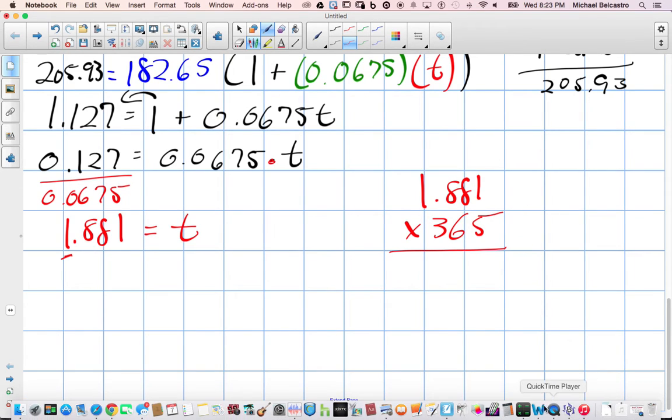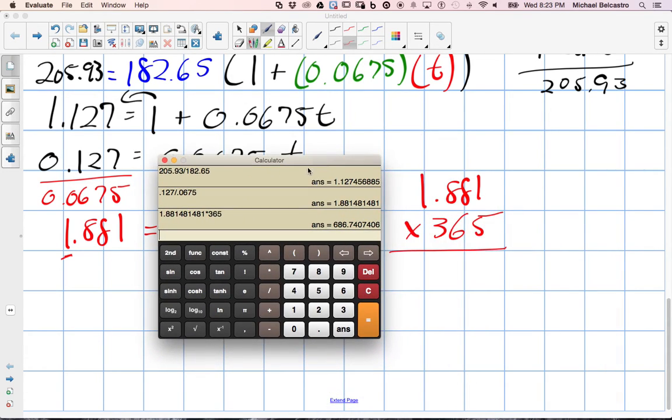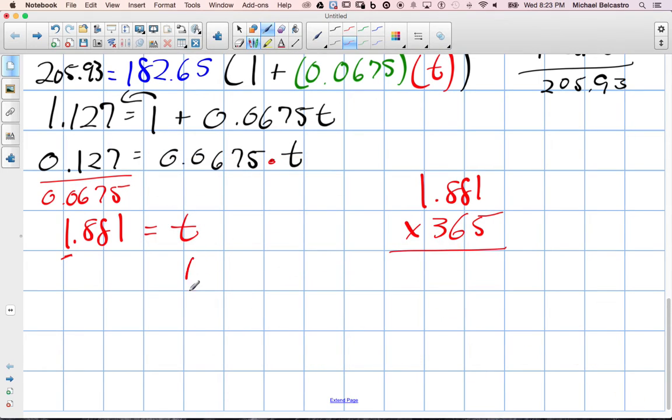So we take that amount, which is very exact right now, and multiply by 365, and this is how many days it'll be. 687 days, roughly. So in time, that's approximately 687 days. Okay, does that make sense how to convert time?